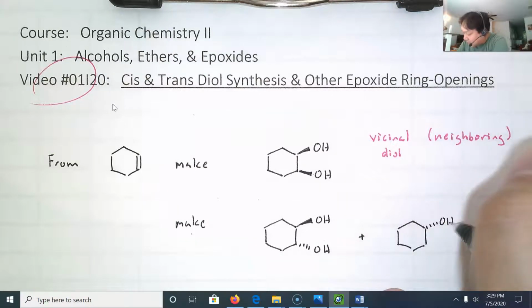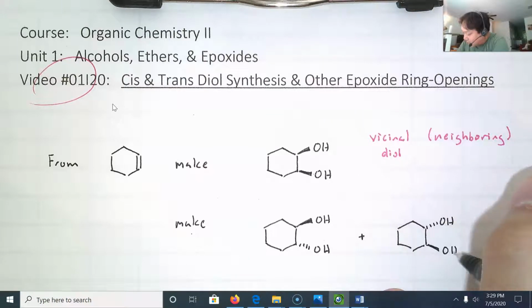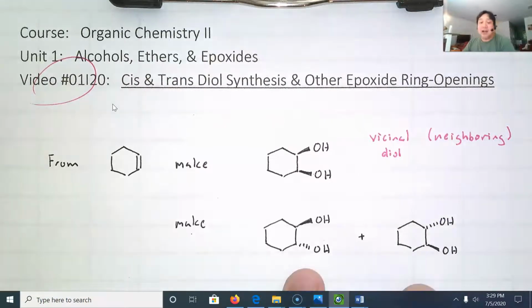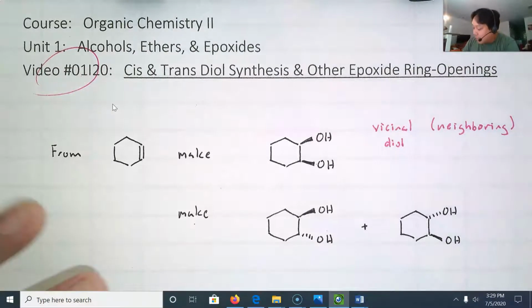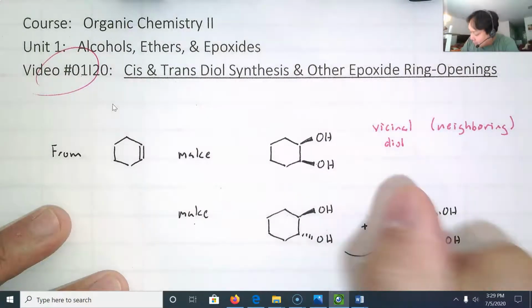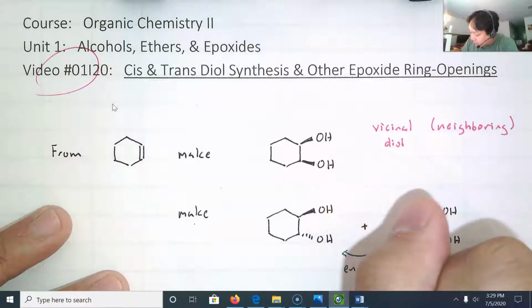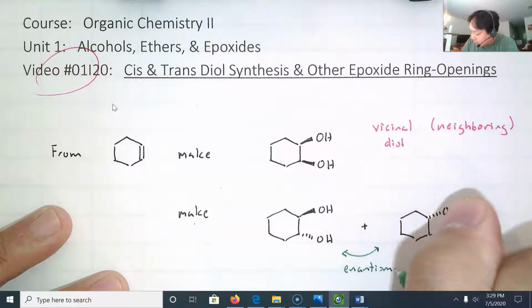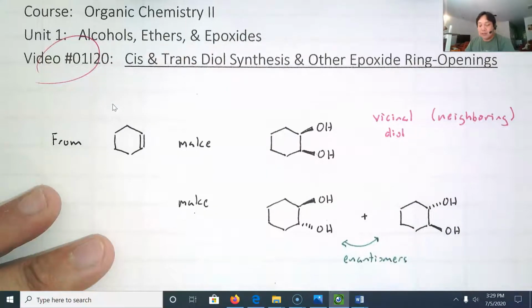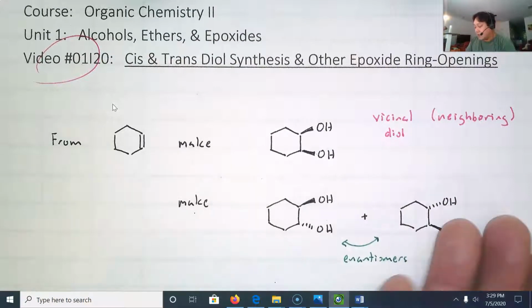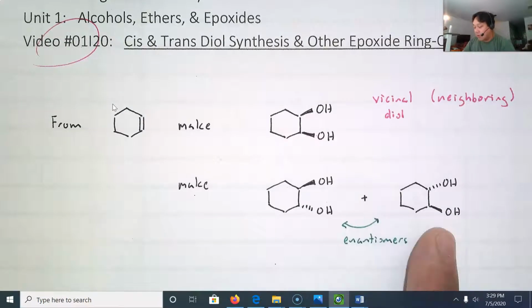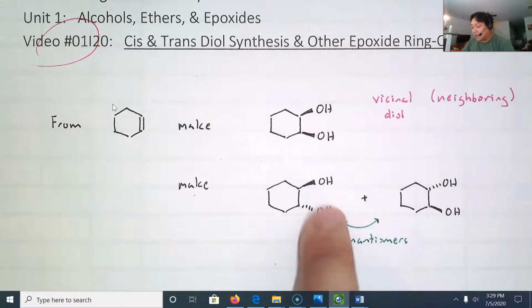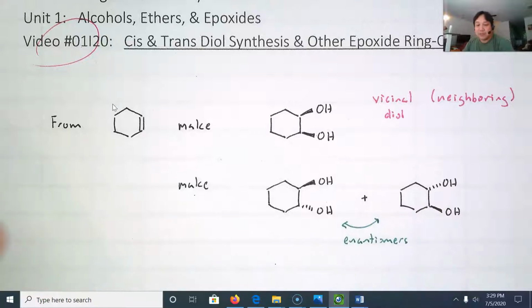The OH dash on top, the OH wedge on the bottom. These are actually not identical. Here's what the term for this is. These are enantiomers. They are mirror images of each other that are not superposable. All you have to do is flip this one to the left. Okay, just turn this one over, and then the OHs will mirror each other with the correct wedge dash.